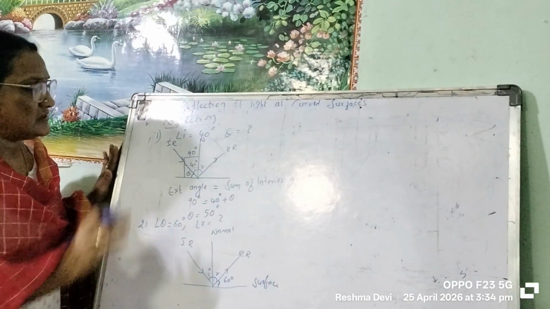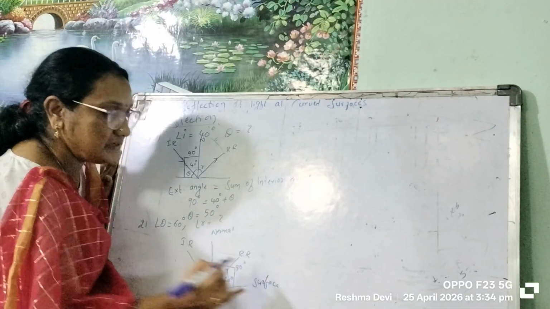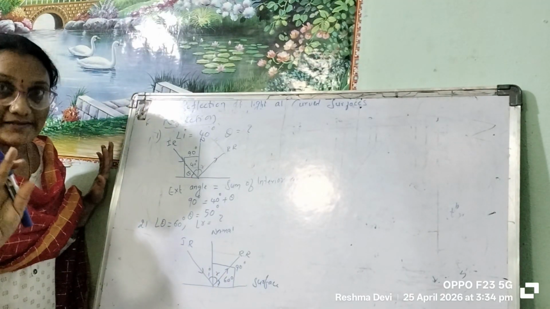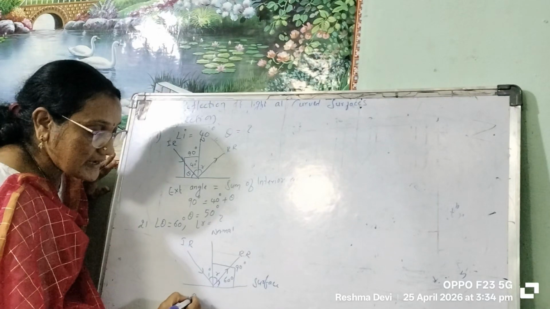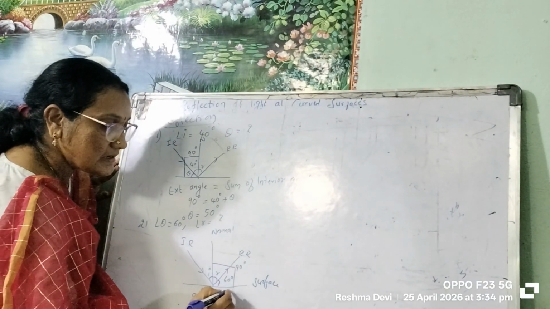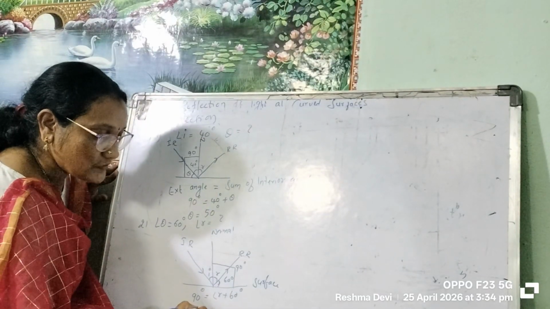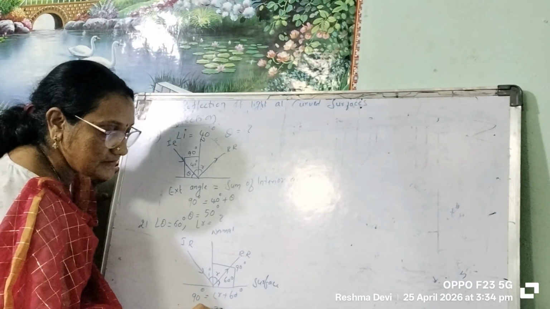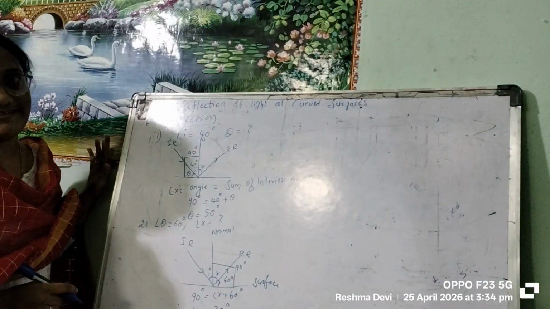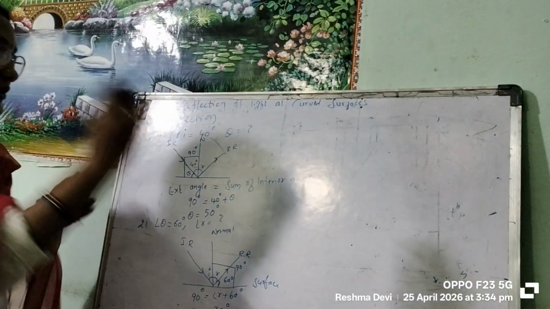How to find r? Same procedure. Exterior angle is 90 degrees. Interior angles, angle r plus 60 degrees. So angle r he is asking to find, 90 minus 60, 30 degrees. Right? Now next, third model.